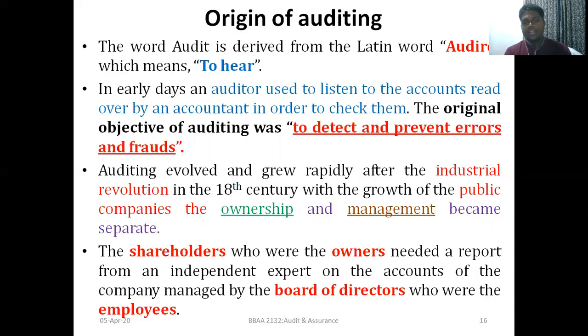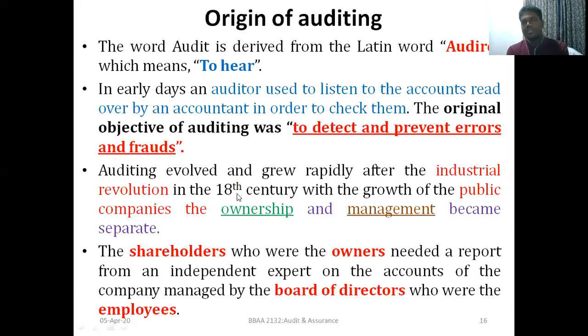Definitely, you should understand the story behind this third point. I hope all of you have some idea about the Industrial Revolution; at least you have heard of the term Industrial Revolution in the 18th century.